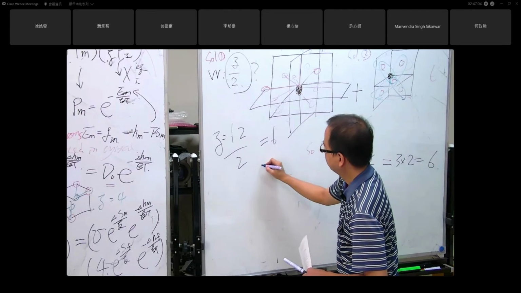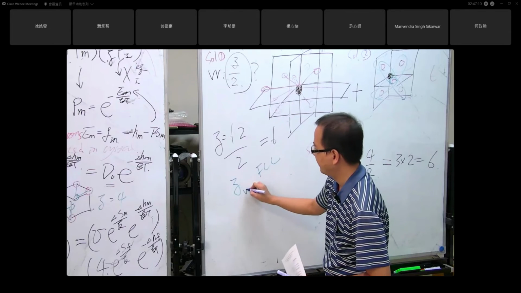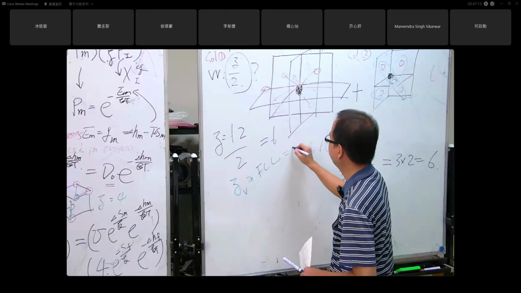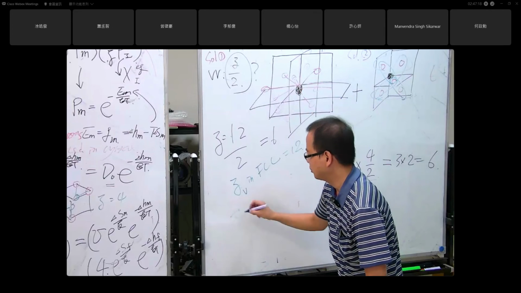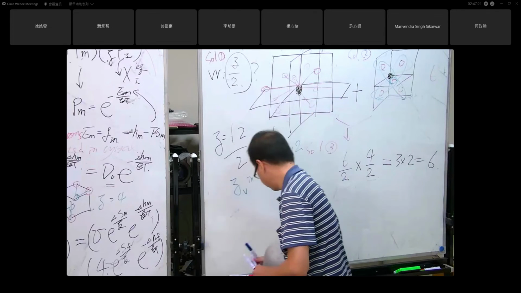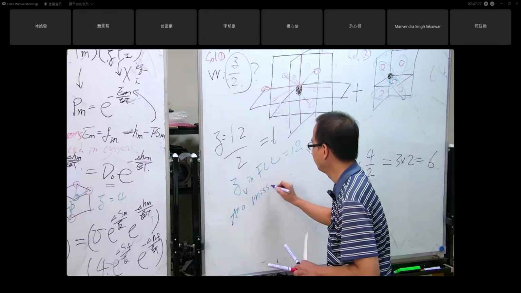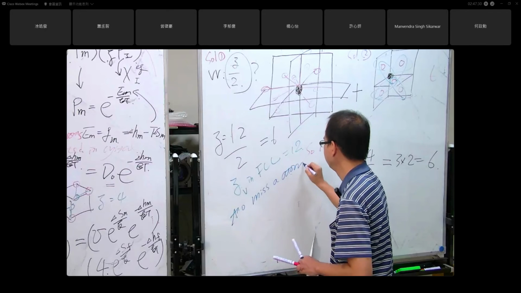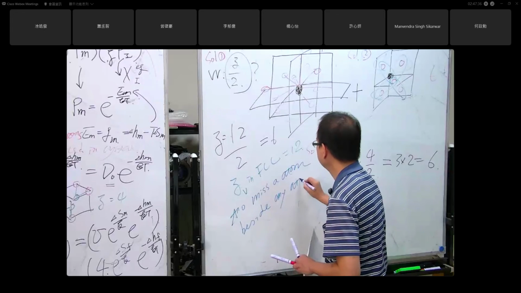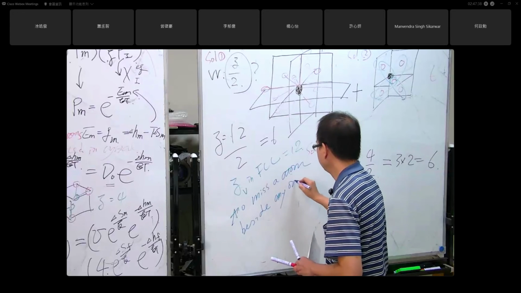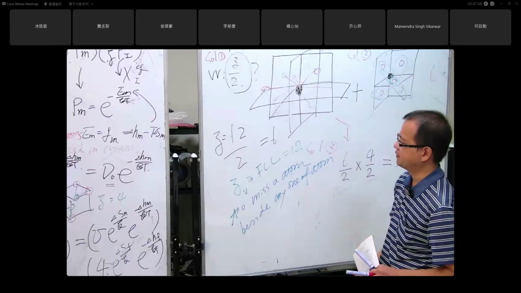So for FCC, the coordination number for vacancy is 12, right? Because you have 12 choices to miss the atom beside any one atom inside the unit cell.